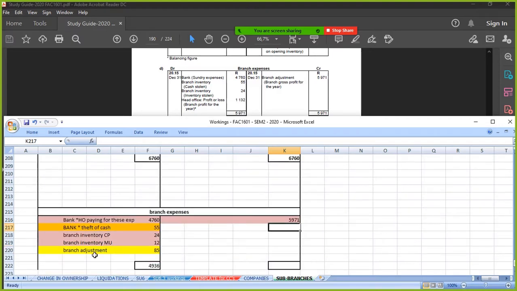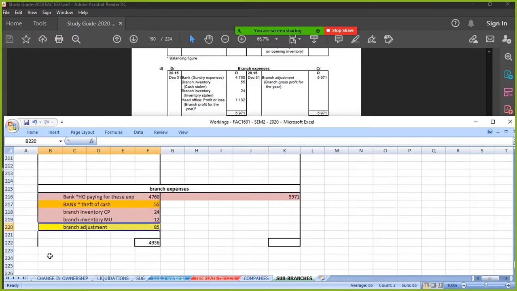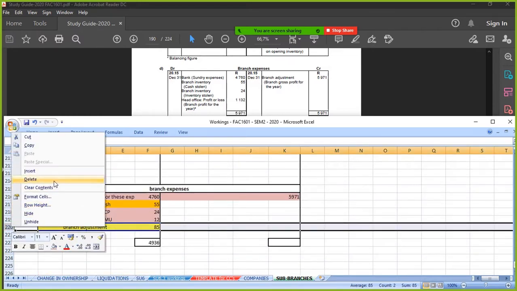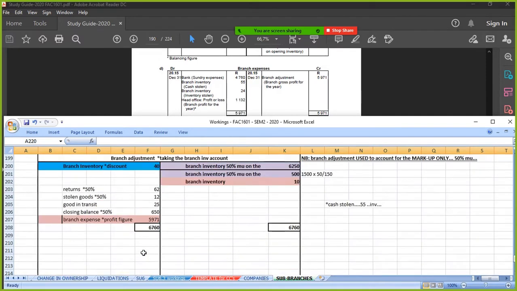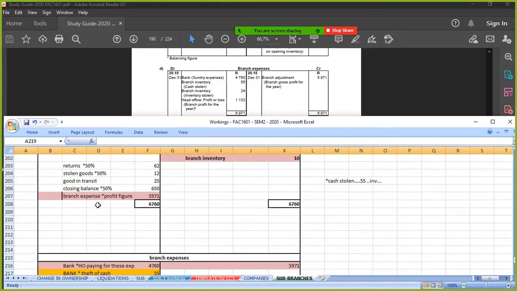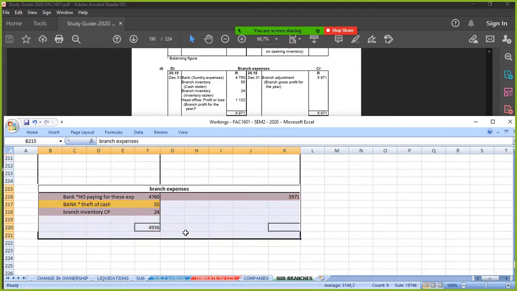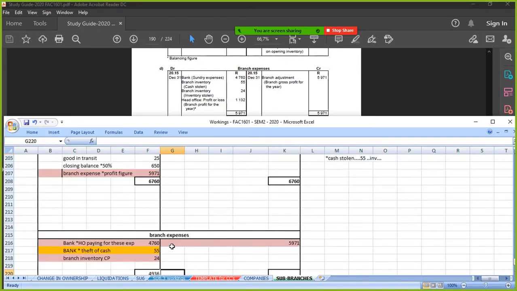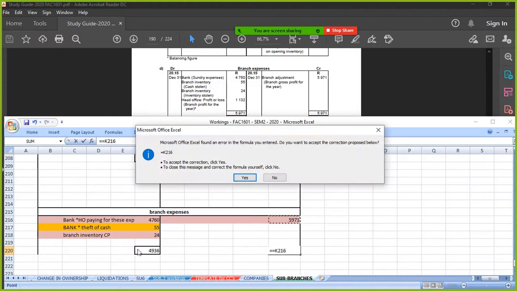The 12 and this branch adjustment no longer apply because I didn't balance this account. That goes if I update that solution. And the branch inventory 12, the stolen goods, we've shown. That was shown here as part of the adjustment, not part of the branch expenses. And then you've got that total.